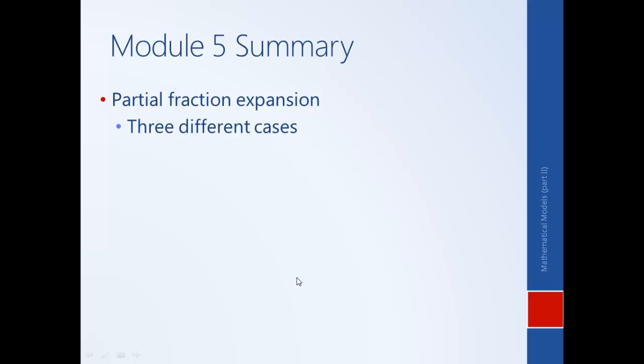In general, there are 3 different cases: when we have real distinct roots, when we have repeated roots, and when we have complex roots and we don't factor the quadratic. We can perform this partial fraction expansion by hand or with MATLAB. In this module, we use MATLAB. In the future, we will learn how to do this by hand for simple cases.